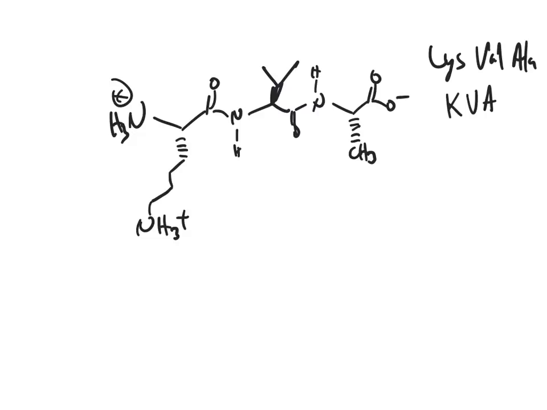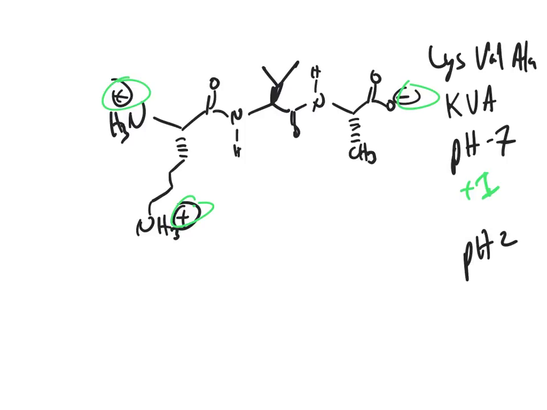Alright, so starting out at neutral pH, pH 7, we are going to have 2 positives, 1 negative, so our overall charge is going to be +1 here. If we drop the pH down to, hopefully not negative, pH of 2, we're going to end up protonating our terminus.